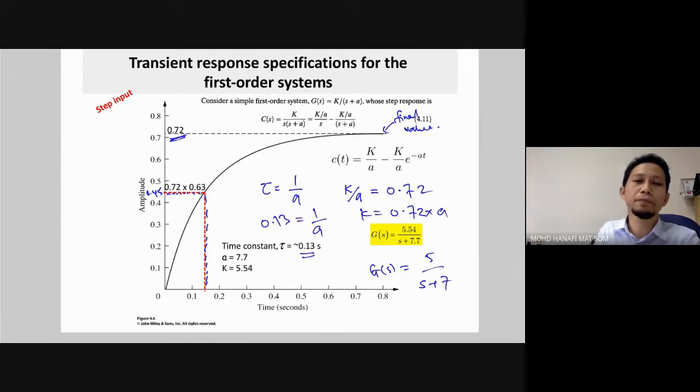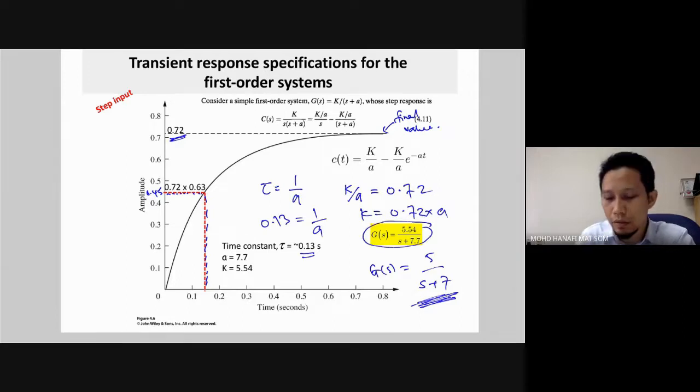So see the resemblance of the actual plot to the calculated transfer function. So 5.54 over s plus 7.7 is plus minus the same.